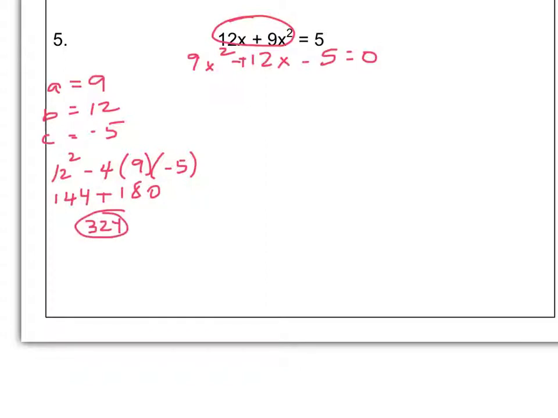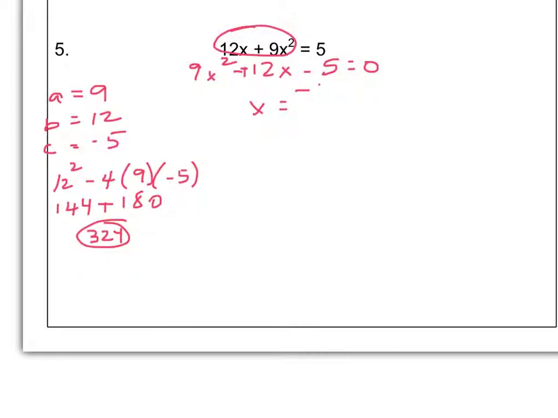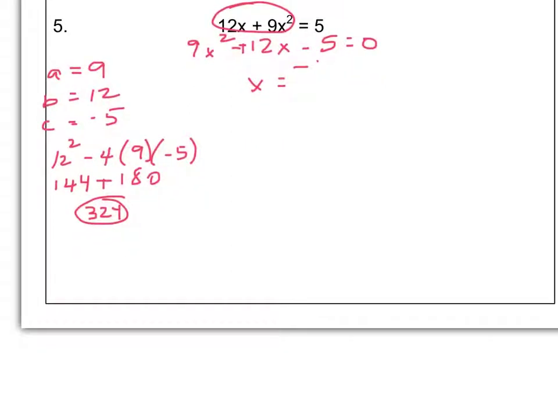That's the discriminant. Okay? So x is going to equal the opposite of b, which is negative 12, plus or minus the square root of, in this case, the discriminant, 324, all divided by 2 times a, which is 9.